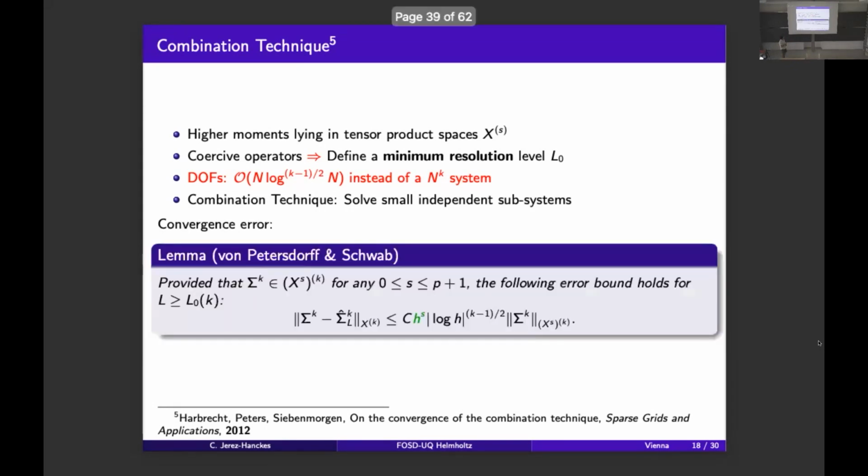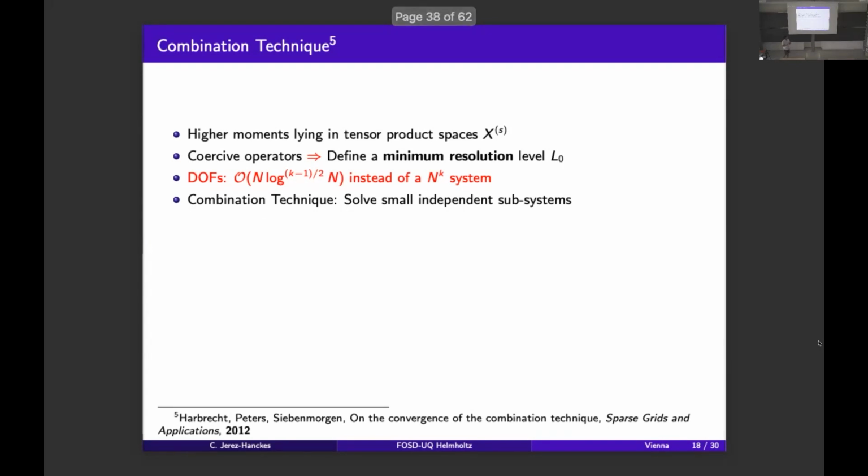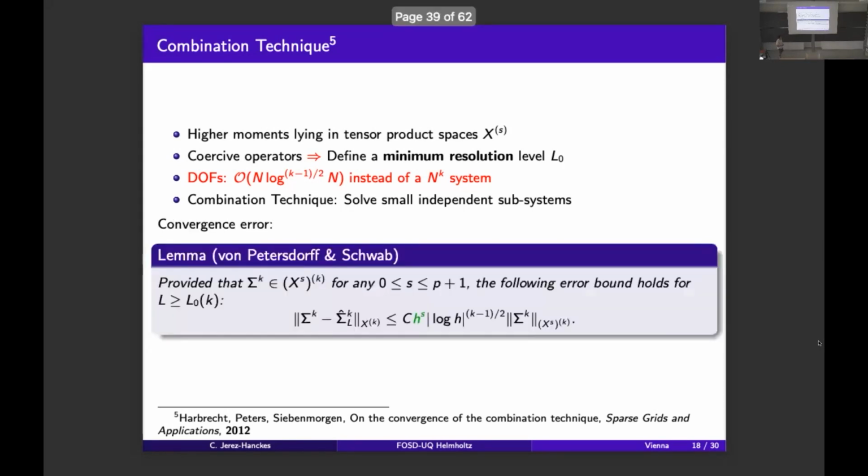And the idea of the combination technique is that you solve independent subsystems, and then you recombine this into a proper solution. That's a result by Harbrecht, Schneider and Schwab, where if you do the sparse tensor approximation of these problems, then with the sparse tensor approximation with respect to the original function, you get an error, with the same smoothness as before, of h^s log(h)^{(k-1)/2}.